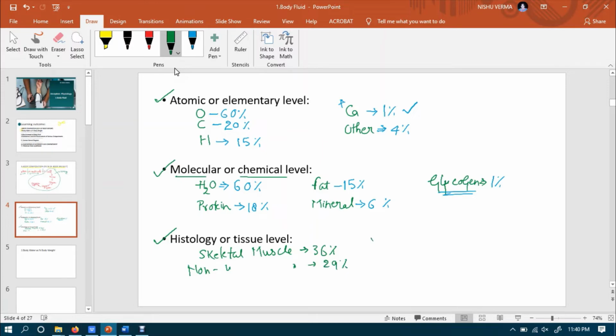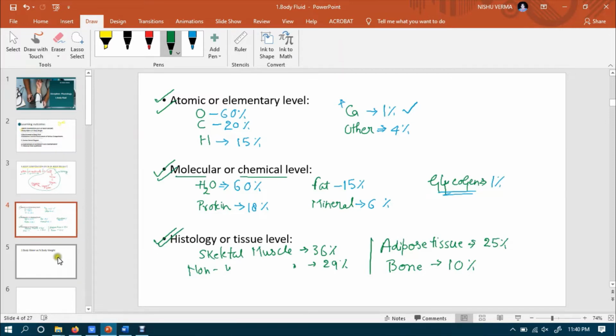The adipose tissue stores the fatty tissue, or the fat, inside it, and contributes 25% of the body weight, whereas bone, surprisingly, contains only 10% of the total body weight. So we discussed all the levels: the atomic level, the molecular level, and the histological or tissue level. This is the ratio we have to learn for the national PG exam.